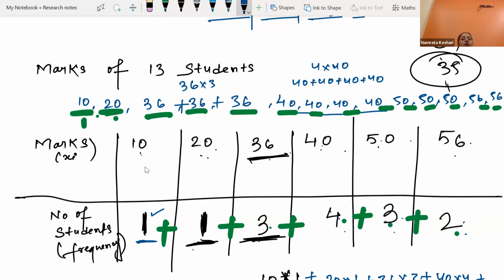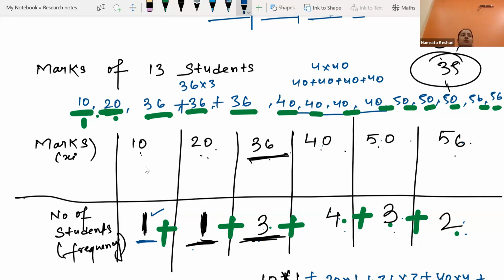Why? Because here also we are just adding all the numbers. Into 2, into 3 is helping us to minimize the expression. The writing part we are minimizing and it will be easier to calculate faster.